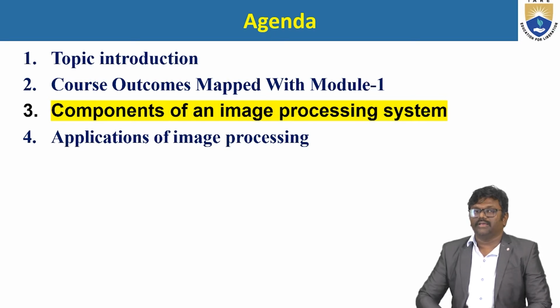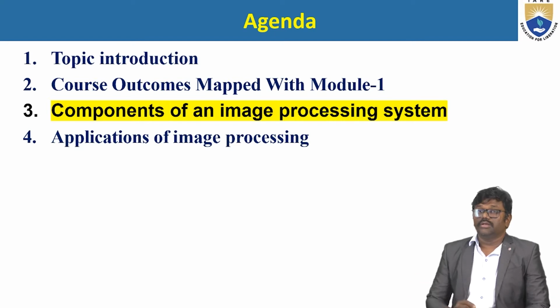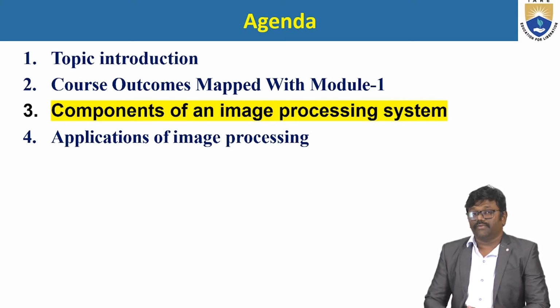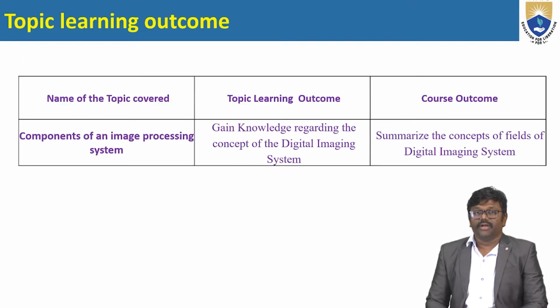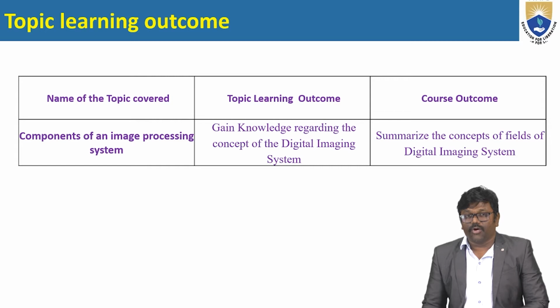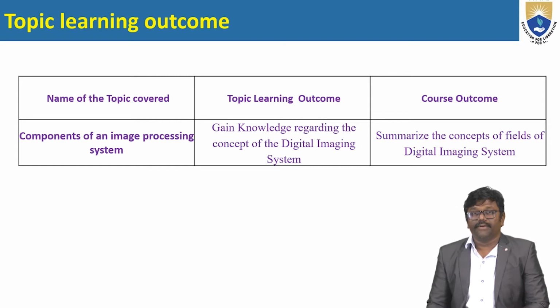So that's what I said here: the applications of image processing, related to the image processing system, depend upon different components, and we are going to discuss different applications as well. Once we have gone through this slide, we have to understand that as per our IARE standard, this topic is mapped 100% to the course outcomes.